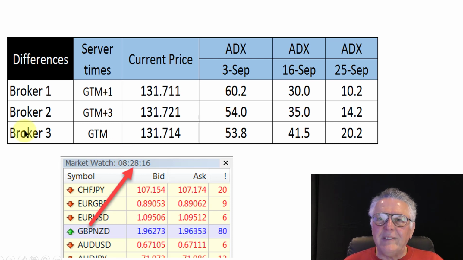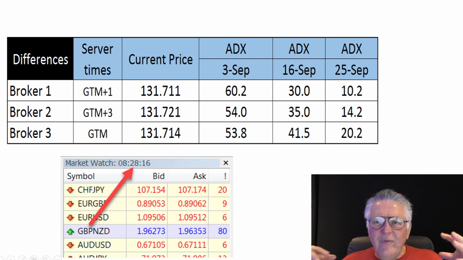Then those 3 reference lines that I drew, you can see the vast differences in the readings. The ADX had a reading of 60 in the one and then 53 in the other. Here we see a 41 and a 30 reading, and here we see a 10 reading and a 20 reading. So the readings are vast. Sometimes the readings are double what the other one is.